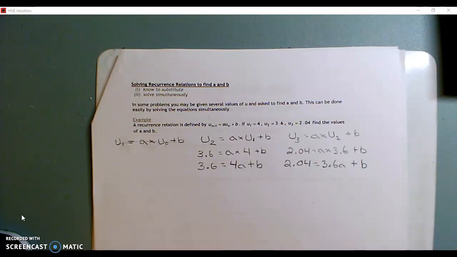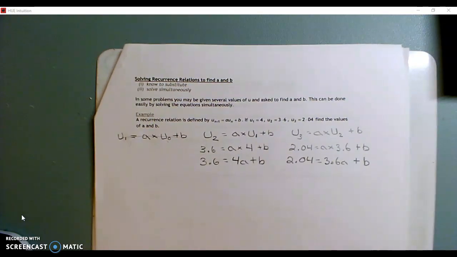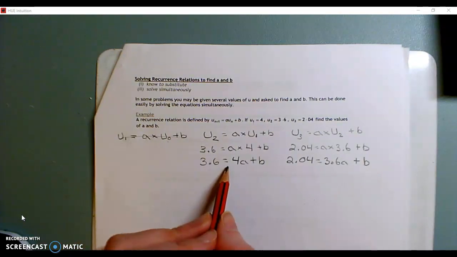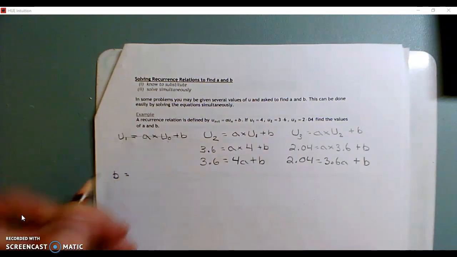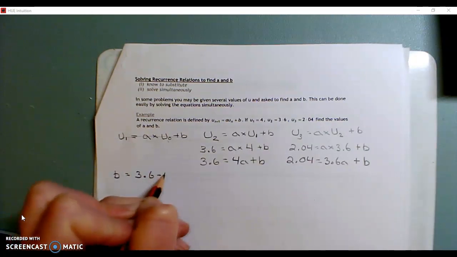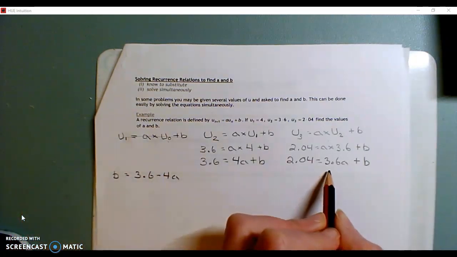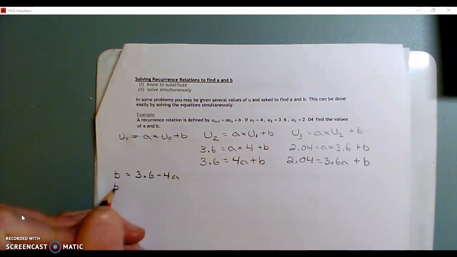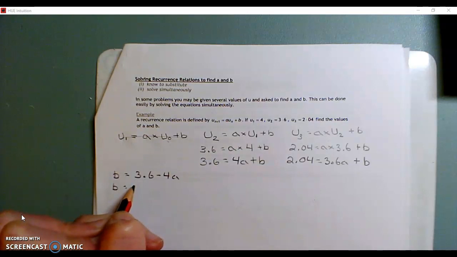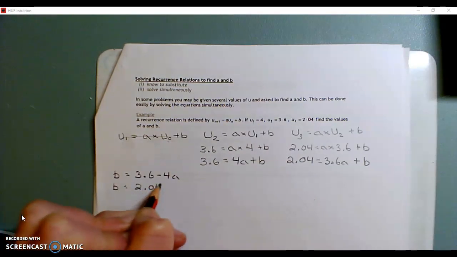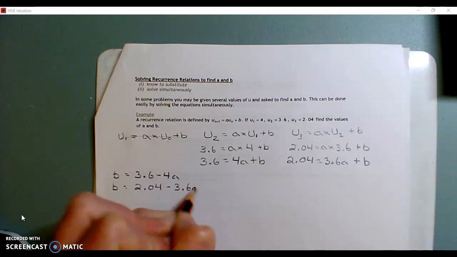Whichever simultaneous method you want to use is fine. I'm going to start this video off with substitution, or equating, and then I'll also show you how you can use elimination. To start, I'm going to equate these two. I'll take the first equation and rearrange it to make it equal to B, so B = 3.6 - 4A. I'll take my second equation and rearrange it to make it equal to B, so B = 2.04 - 3.6A.